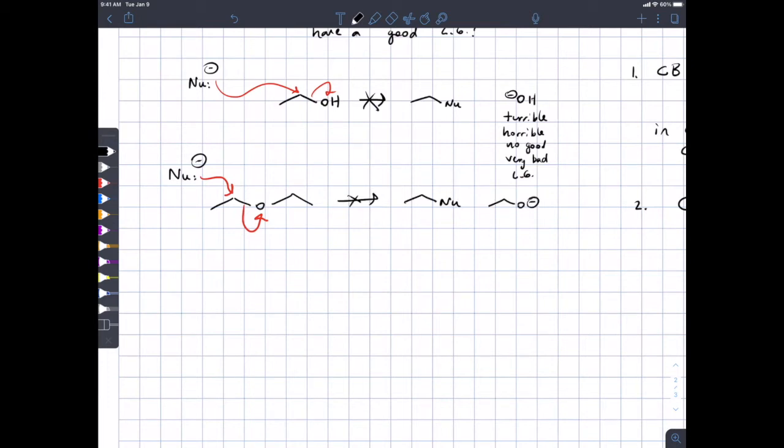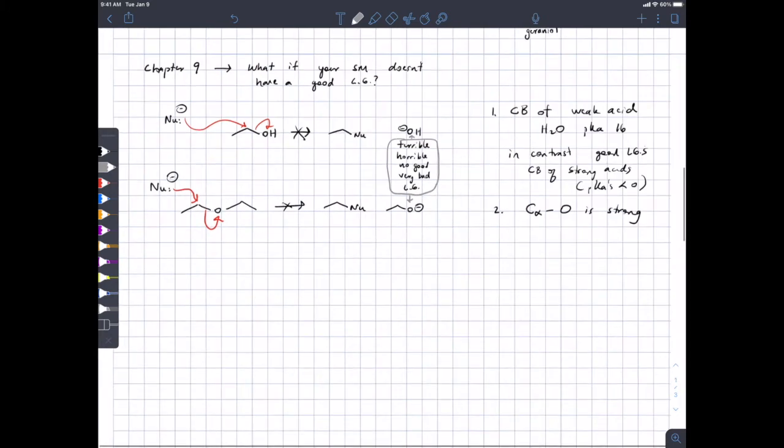Because again, OH minus and OR minus are both terrible, horrible, no good, very bad leaving groups. Same deal, right? The conjugate acid of RO minus is an alcohol whose pKa is also around 16.